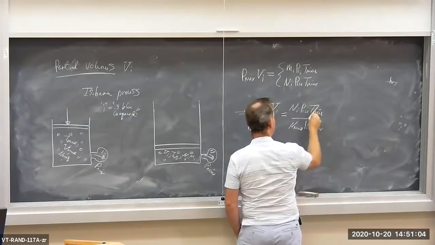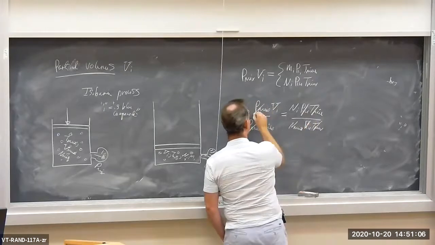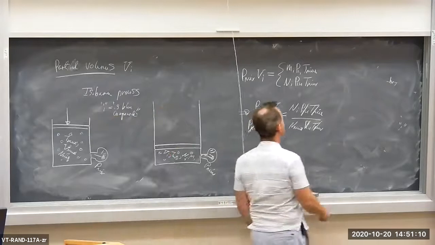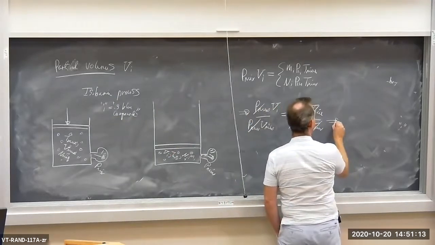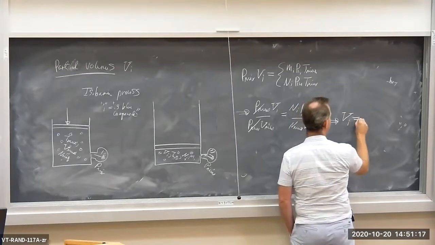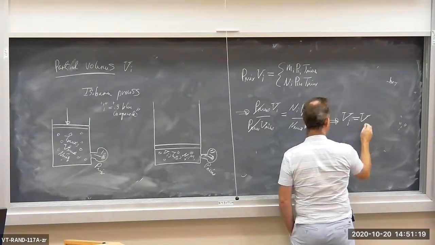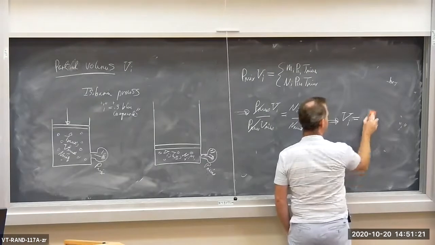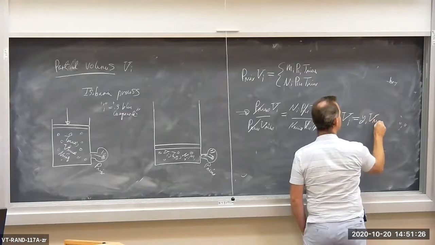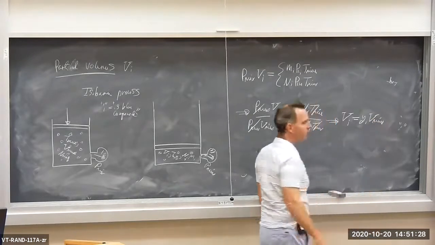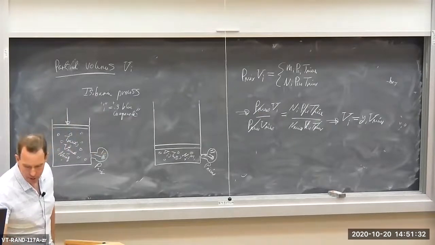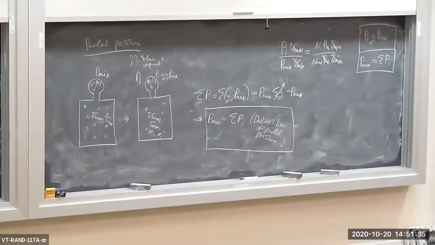And of course, the temperatures, the gas constant, and the pressures cancel out. And we'll get a similar expression here as we got for partial pressure. We have that the component volume, V sub I, is equal to V mix times the mole fraction for component I. Okay? So the component volume is equal to the mole fraction times the mixture volume. I'm going to put that back over here.